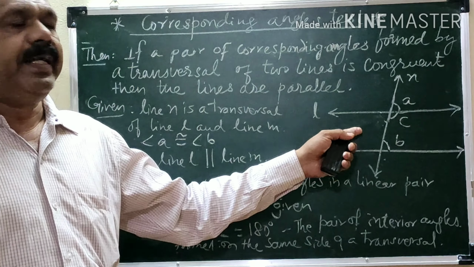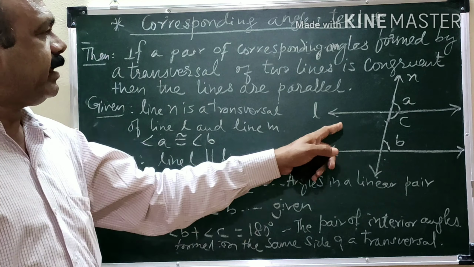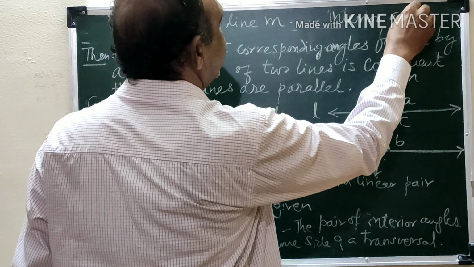That is the interior angle test. So according to the interior angle test, line L and line M are parallel. So we will write again the last statement. Similarly, line L is parallel to line M. What is the reason? Interior angle test.